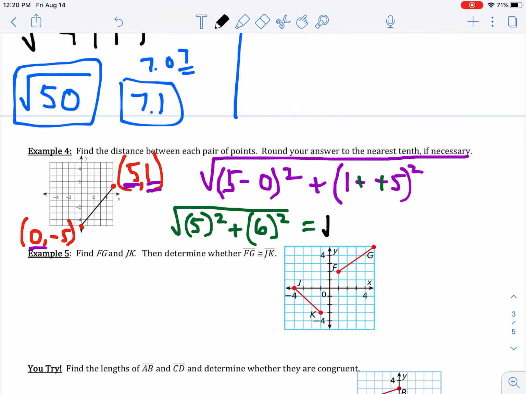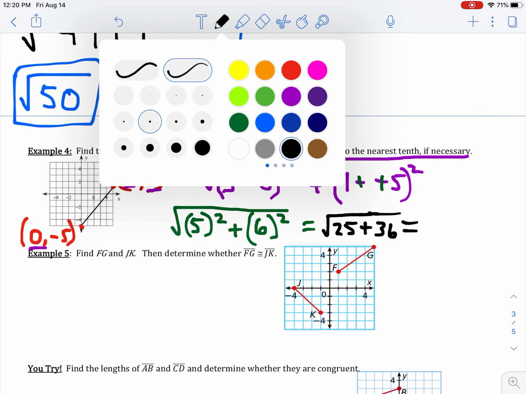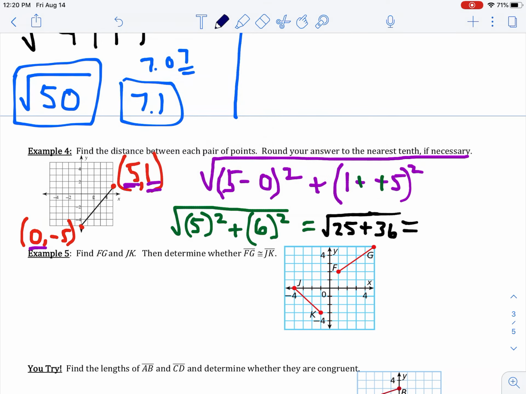Final answer. 5 squared is 25, plus 6 squared is 36. Now I'm going to add the two numbers underneath the square root together. When I do that, I get square root of 61. Okay, that is not a perfect square, so I may leave my answer like that.